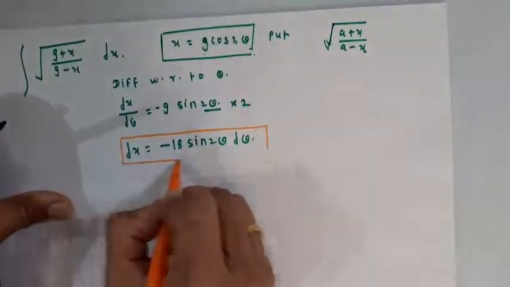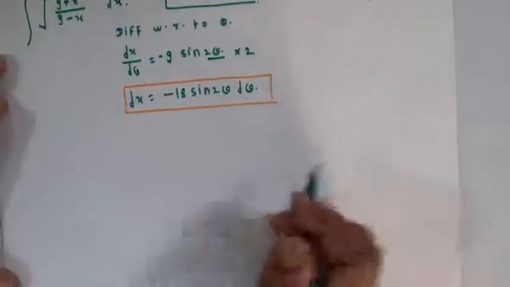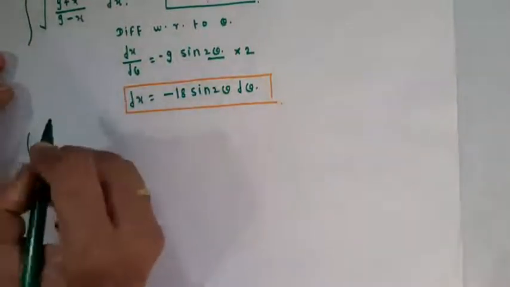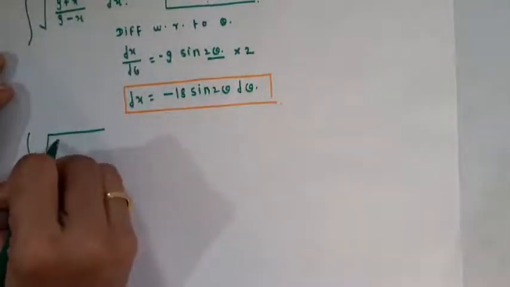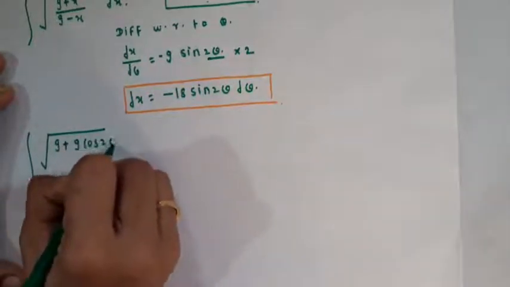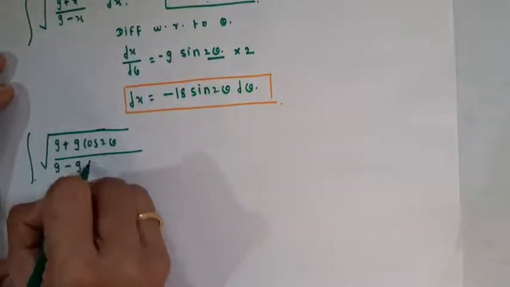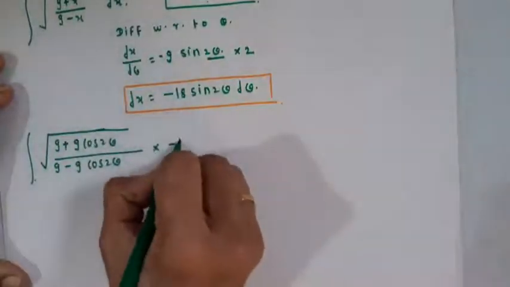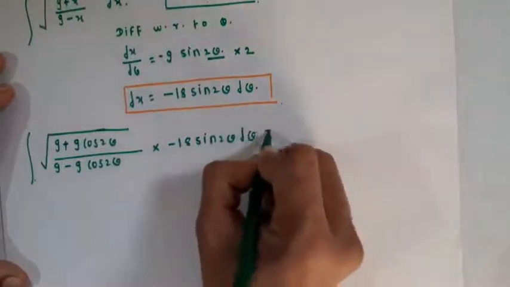Okay students, now the integration of square root of 9 plus the value of x, that is plus 9 cos 2 theta, upon 9 minus 9 cos 2 theta, into the value of dx, that is minus 18 sin 2 theta d theta.